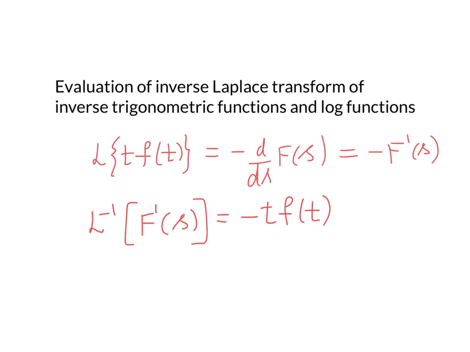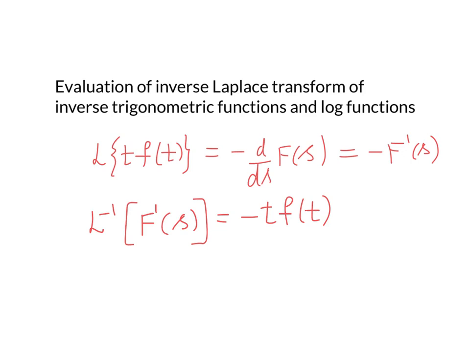You can easily identify this in the exam. If they give an inverse trigonometric function, only two functions they will ask you, tan inverse or cot inverse. Or a log function, we have to apply this property, because we don't have a standard result for the Laplace transform of any log function. Suppose, for example, we have log (s plus 1).